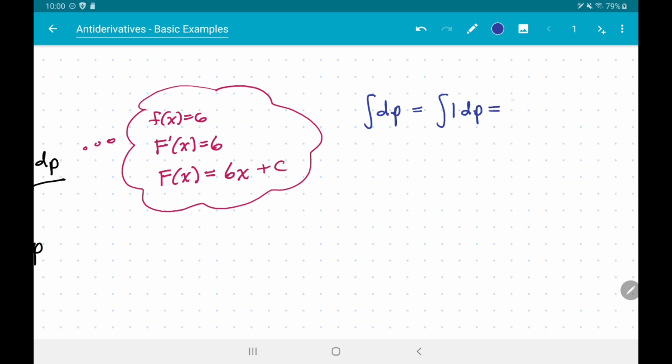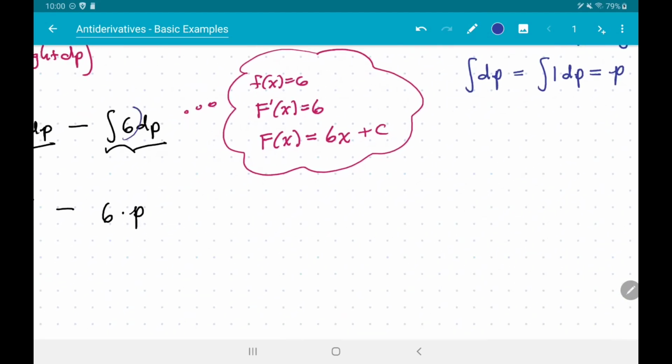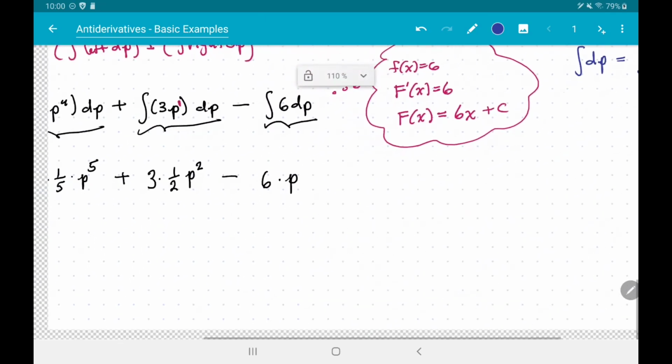And the antiderivative of 1 is just the variable. So it's this sort of funny looking notation that you'll sometimes see. And again, what it's telling you is that the antiderivative of a constant function is a linear function. And the constant is its slope.